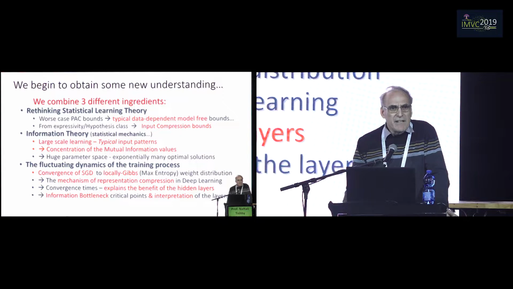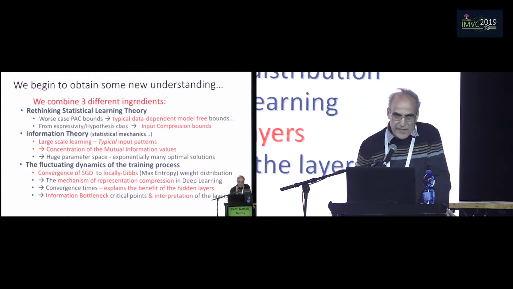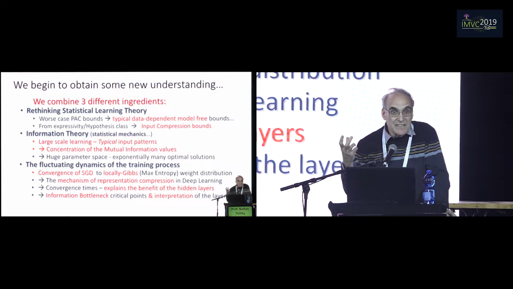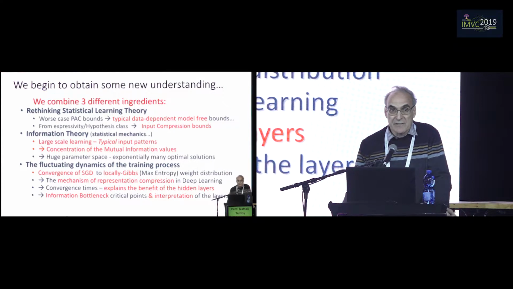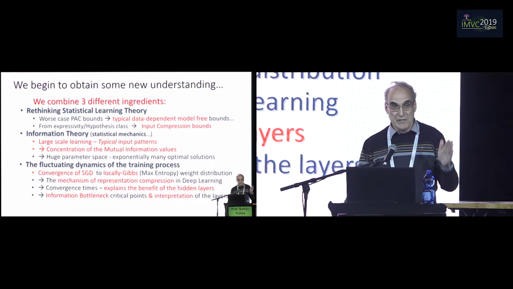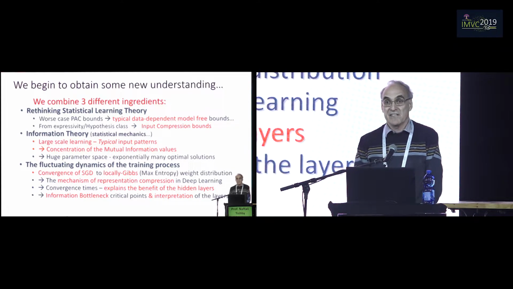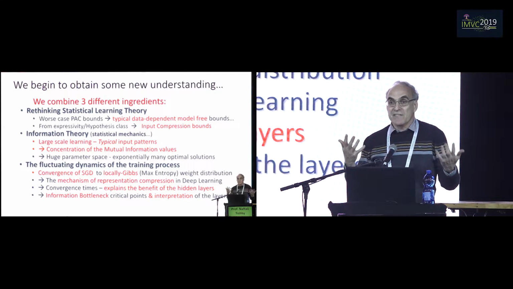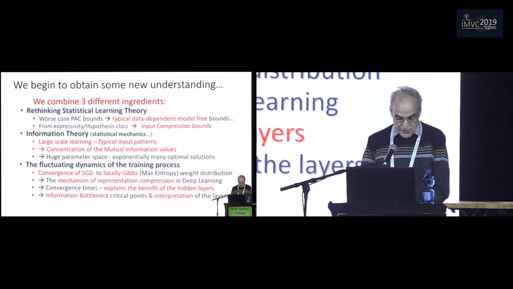This is a very significant difference, and it brings us back to theories which deal with large-scale typical behavior. The prototypical theory of this type in engineering is information theory, and in physics, it's more like statistical physics or statistical mechanics. That's where I come from, and that's where we started to work on these things 30 years ago. And now all these ideas are coming back, and that's really the beauty of it.